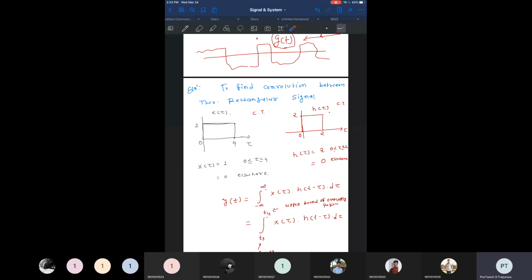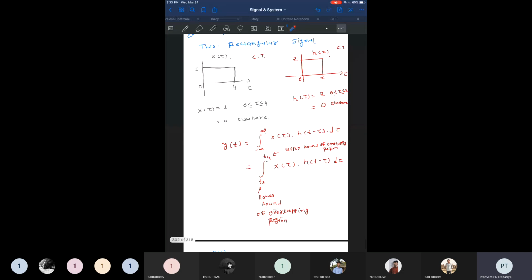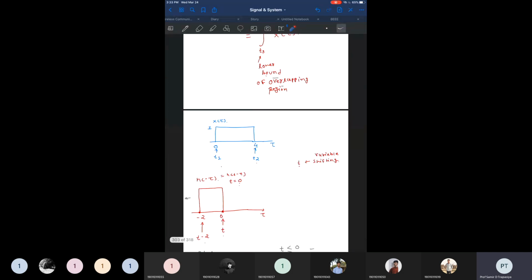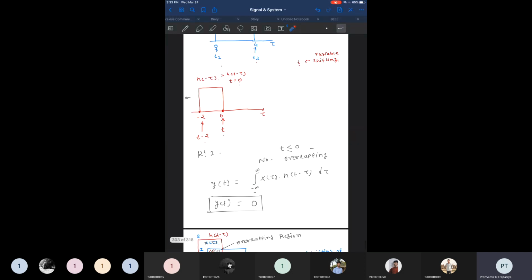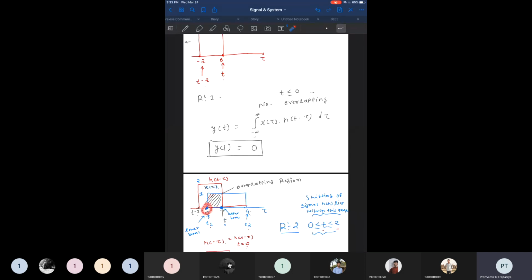The first operation applied on h of tau is to time-reverse and shift it, producing the h of minus tau signal, and then we change the shifting amount t. Every time an overlapping region is created, we find its boundaries, lower bound and upper bound.